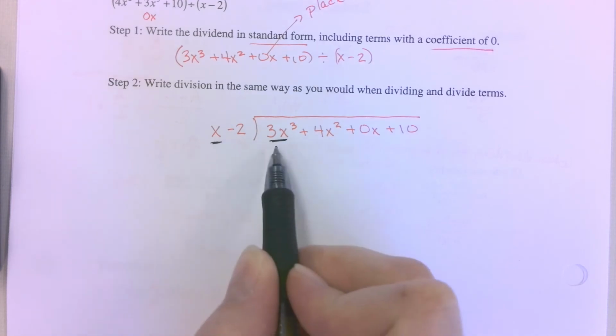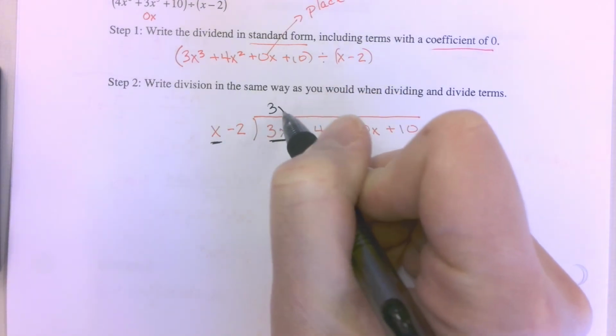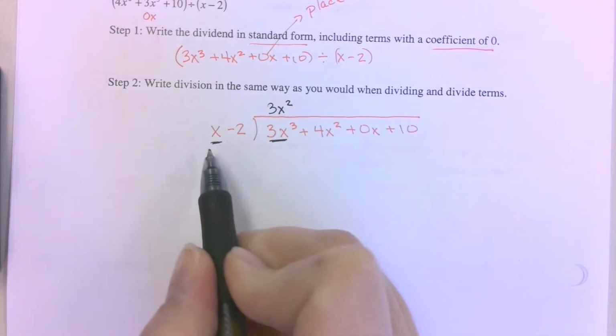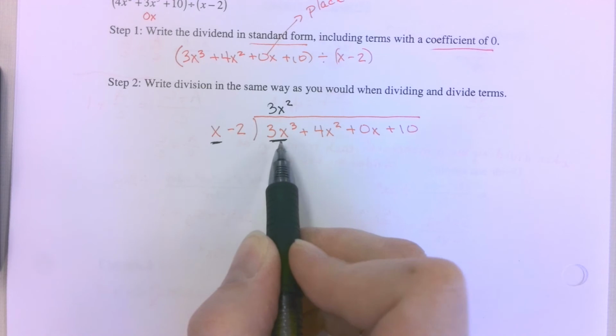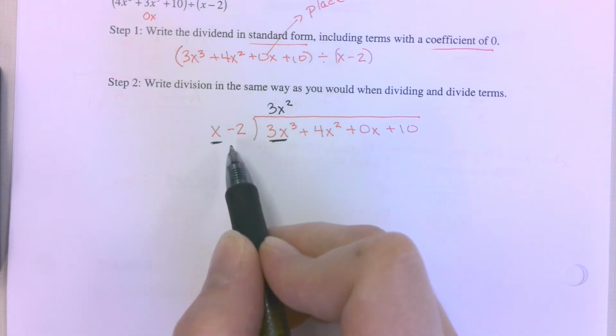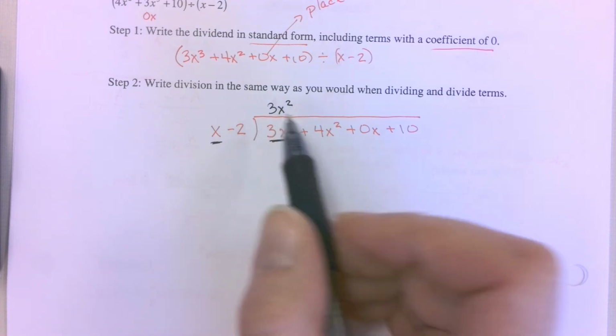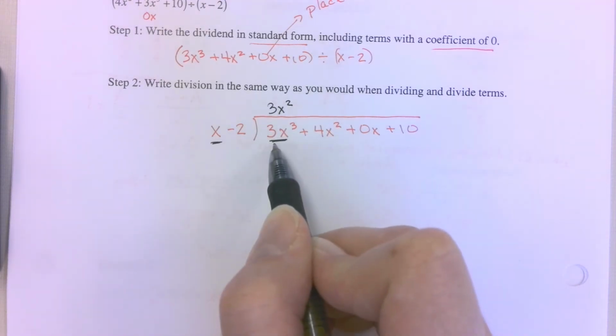So x times what gives me 3x to the third? A positive 3x squared. I want to take this first term times something to get 3x to the third. The other way you can look at it is take 3x to the third, divide it by x. I get 3x squared. So make the first term look like the first term.